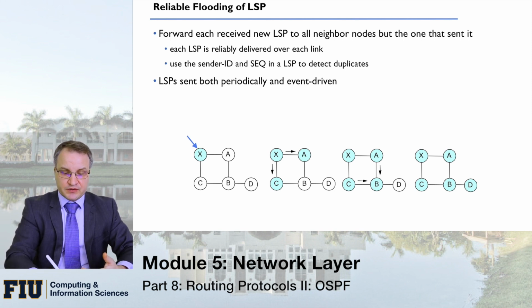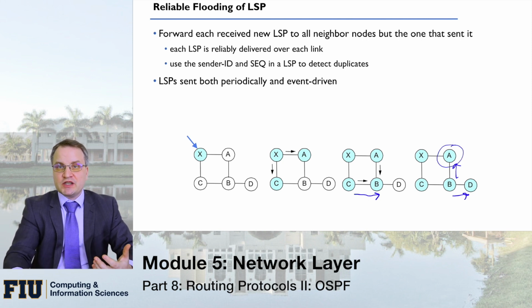For example, if the first update came to B, then B will try to advertise to D and A. And at the point the update is received at A, A will simply know that it already received the LSP from that original router with that specific sequence number, and simply ignore it.